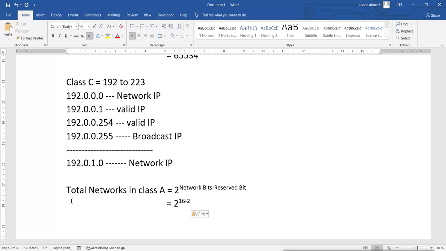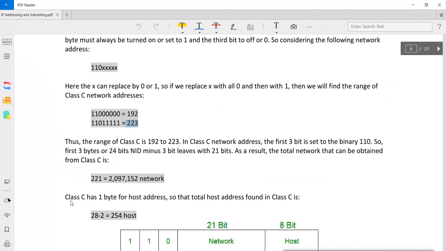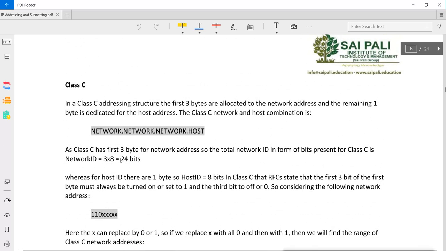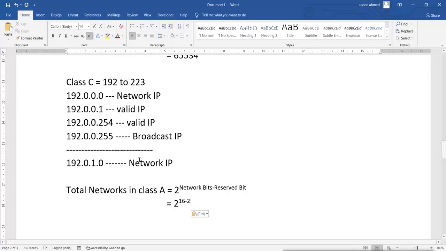Now how many network bits do we have in class C? We can say that class C has 24 bits as network bits, because all three parts of the IP are network, that is 8, 8, 8. So 3 8s are 24.